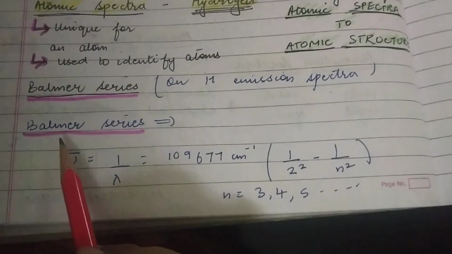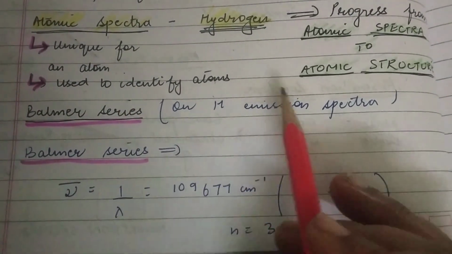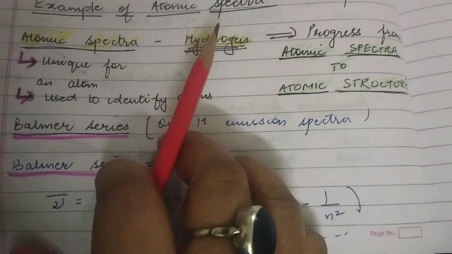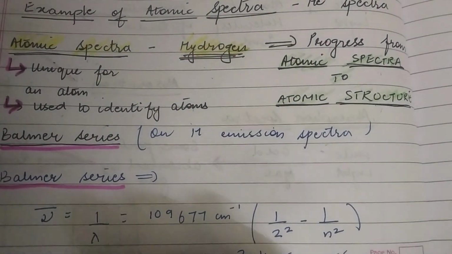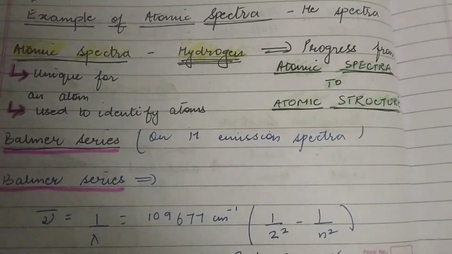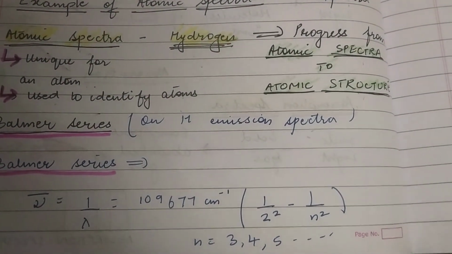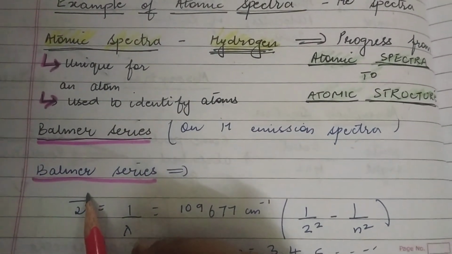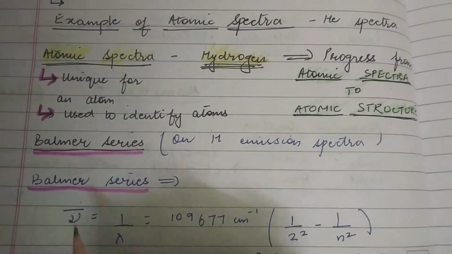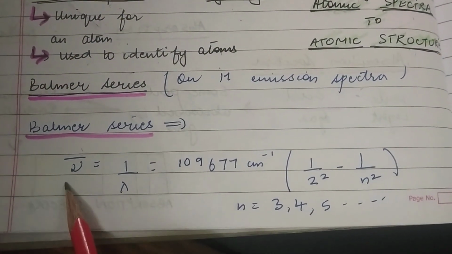Now, there was a scientist named Balmer. When the emission spectra of hydrogen was observed, certain wavelengths were seen in the emission spectra, and they tried to work out which wavelengths are emitted. One such finding was by Balmer, and he gave an expression for 1 upon lambda, or the wave number.